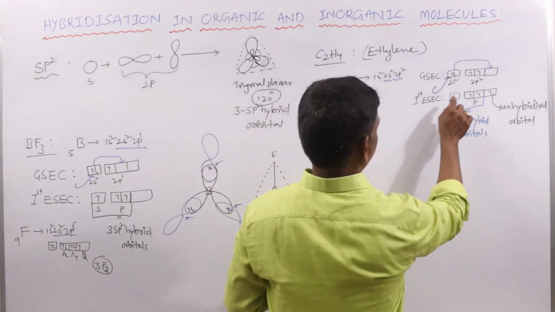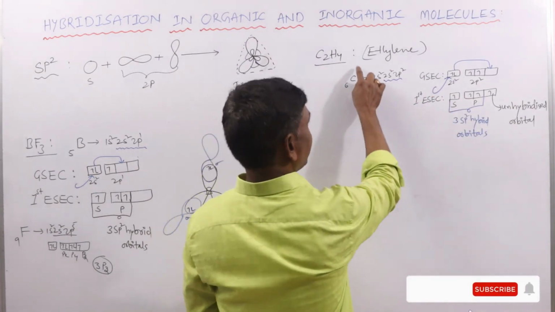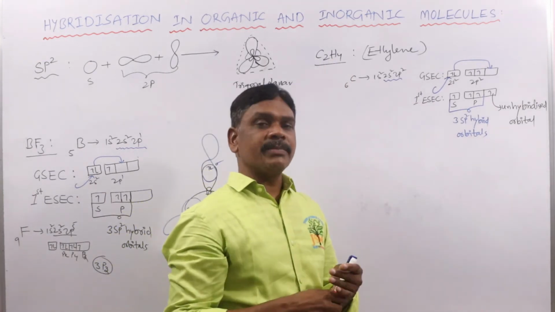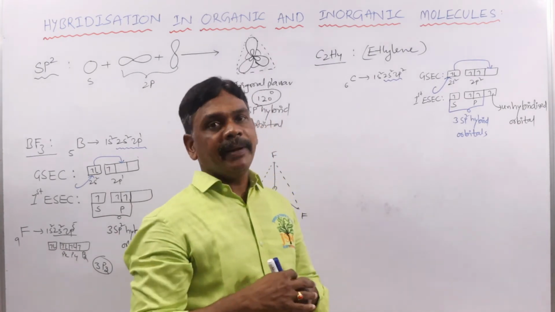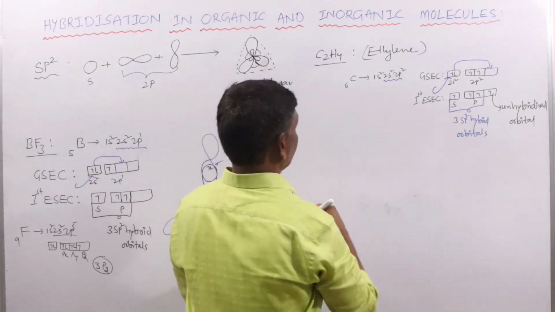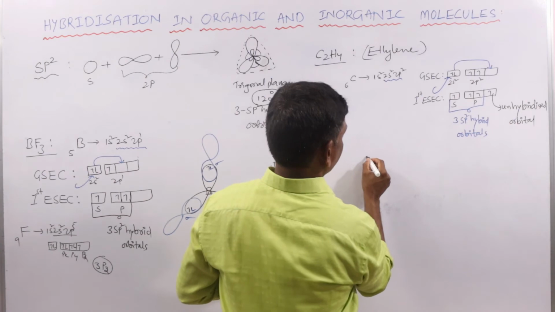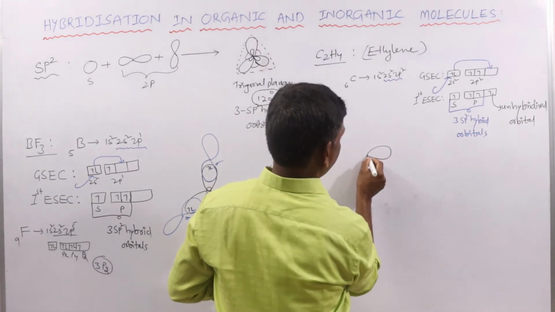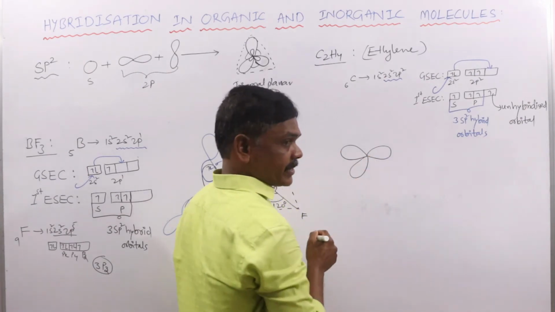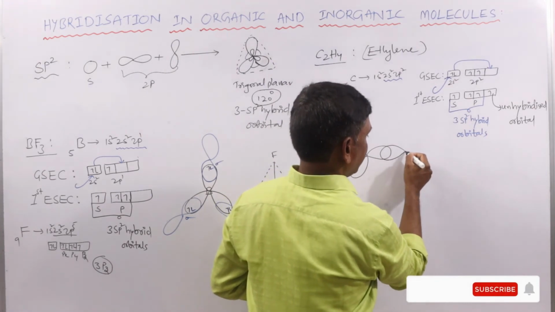Now here each carbon has 3 sp2 hybrid orbitals. How many carbons are there? 2 carbons. So for 2 carbon atoms we get 6 hybrid orbitals. Now I am writing the 6 hybrid orbitals of 2 carbon atoms: first, second, and third hybrid orbitals of the first carbon, and first, second, and third hybrid orbitals of the second carbon atom.